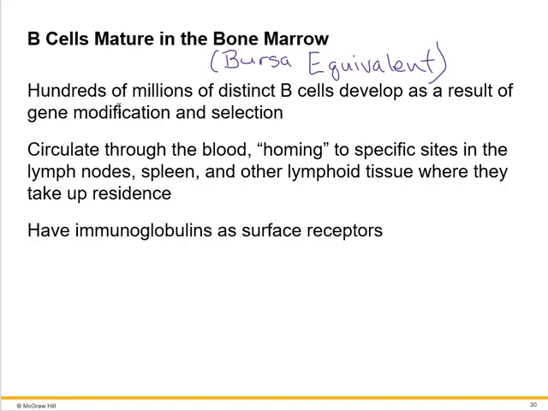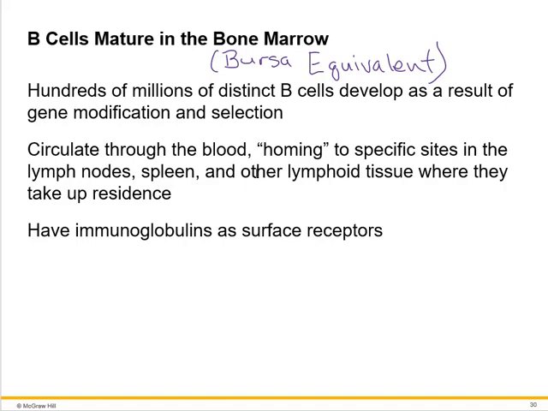And there are hundreds of millions of B cells that develop there and result in the gene modification and selection. So there's this rearranging of the genes. There's some process called alternative mRNA splicing, that gives us all these different versions of molecules, and the genes all come together in a specific way that we can then be assured that there's billions of different potential combinations, so that we know there isn't any antigen out there that the B cell hasn't made an antibody or a receptor for.